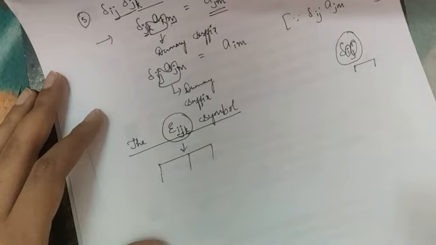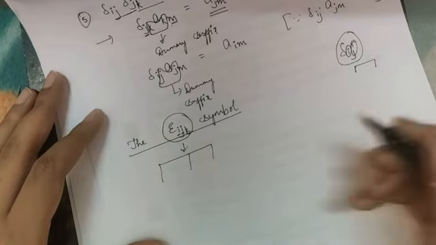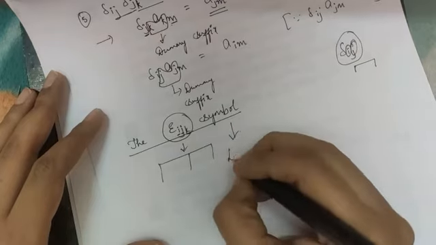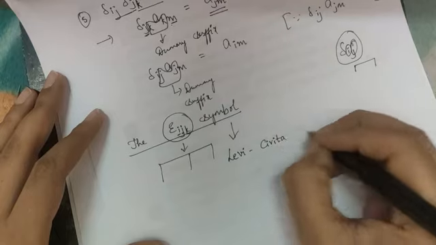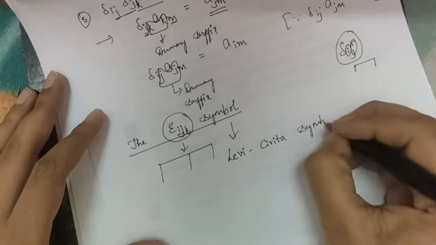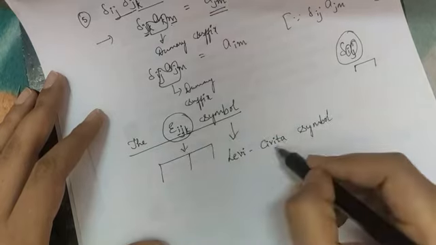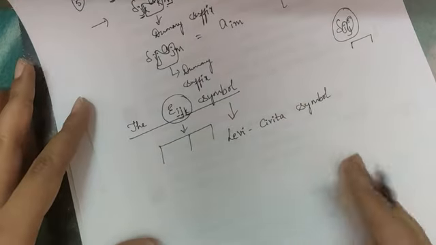For different positions of your ijk, epsilon takes three different values. Okay, so the symbol epsilon ijk is known as the Levi-Civita symbol. We call this symbol the Levi-Civita symbol.